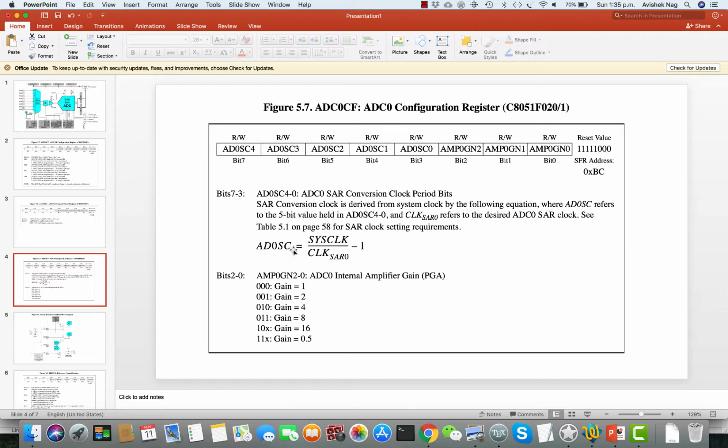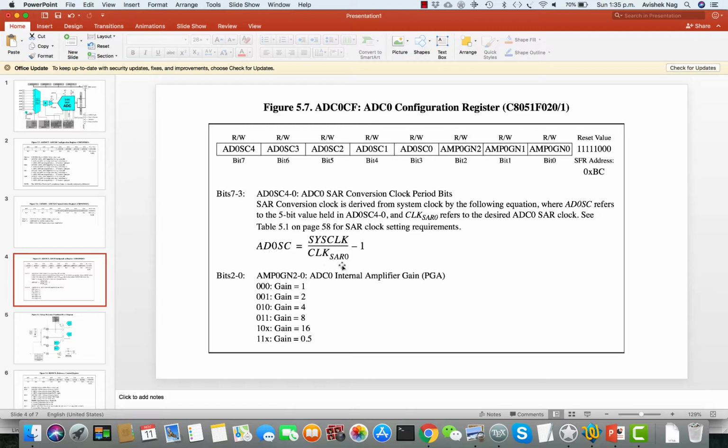So let's say I have these 5 bits of ADC0SC equal to all zeros. So this side of the equation is 0. So 0, this minus 1 should be brought here. So 0 plus 1, this minus 1 comes this side and becomes plus 1. So 0 plus 1 is 1.